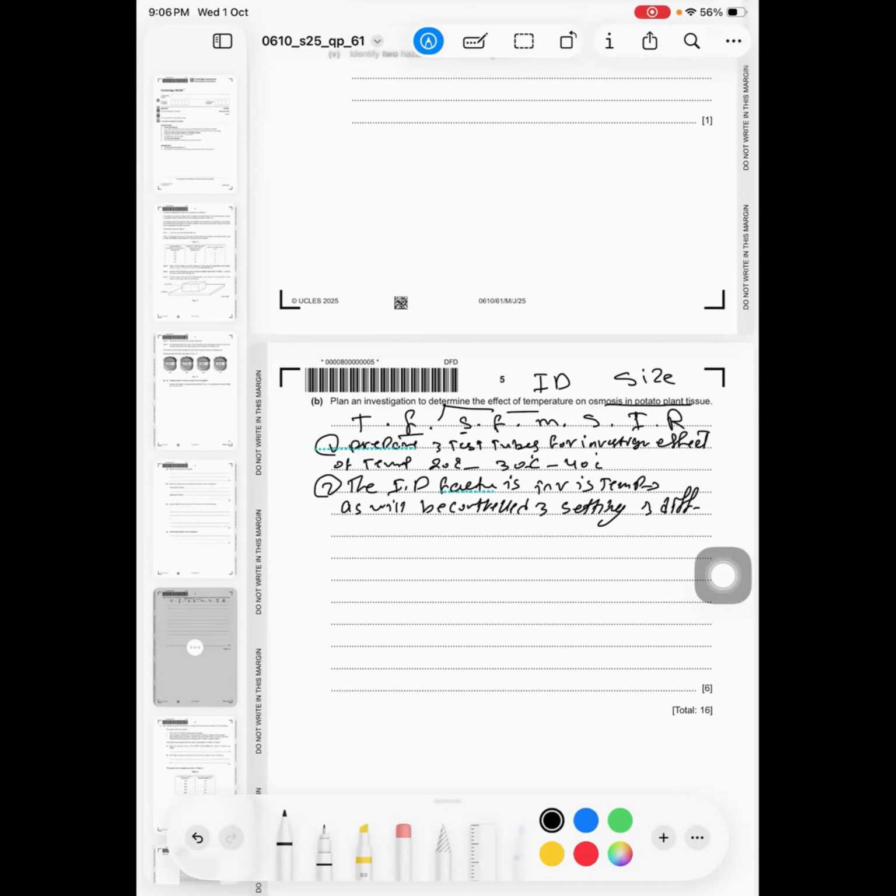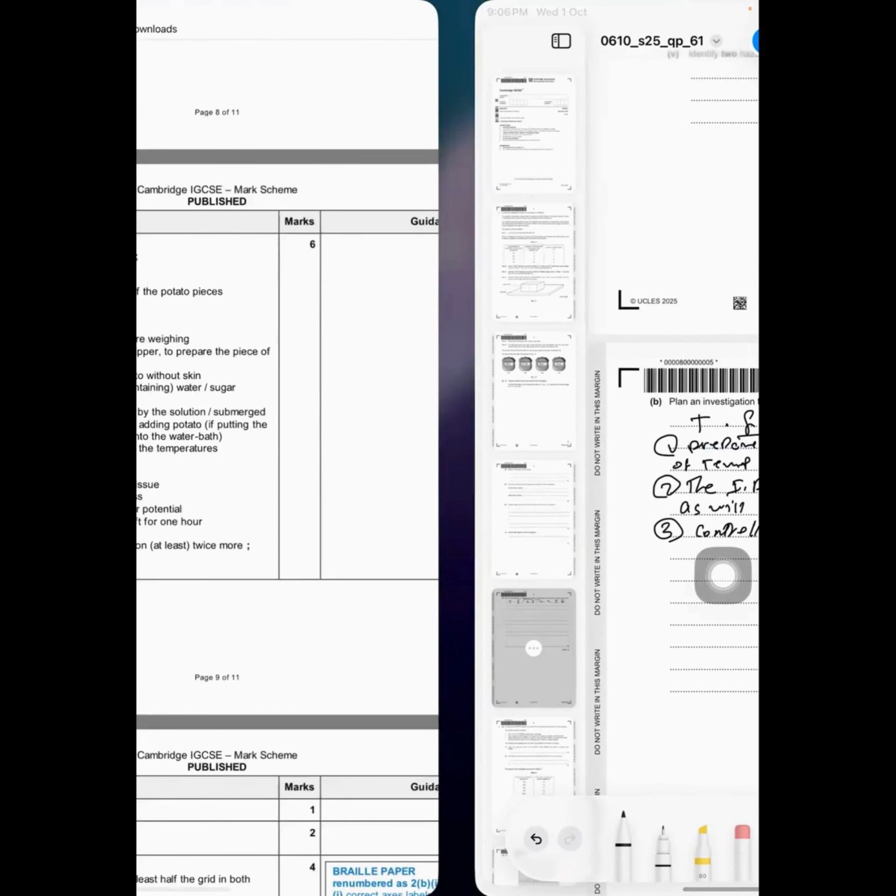Next, S, same, control the variable. What could be controlled here? What can we control? pH, right? What else? Size of potato. What else? Mention anything that can be controlled.